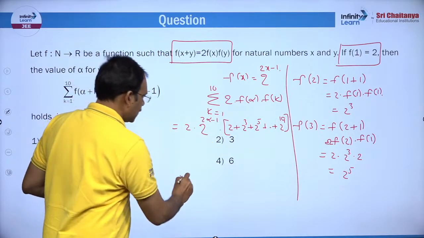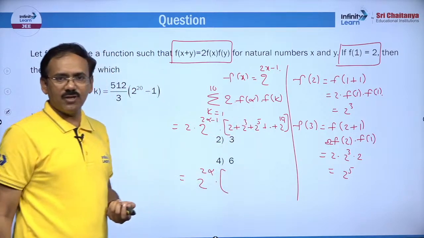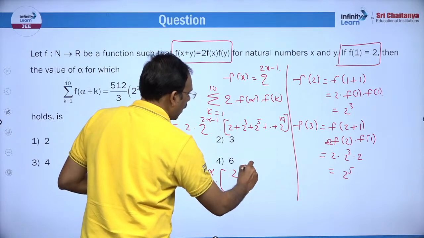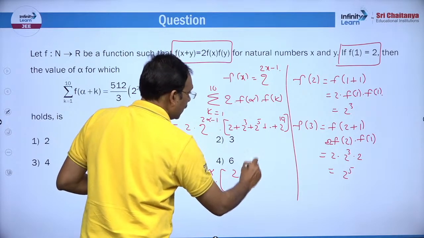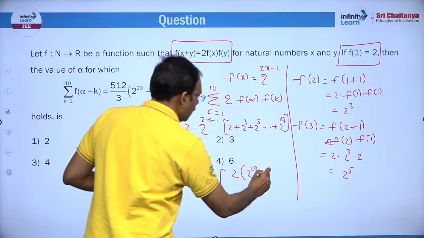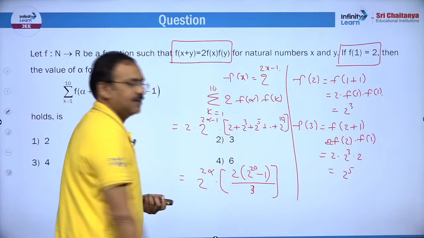So friend, this is going to be 2 power 2 alpha into, which is a GP with first term 2 and common ratio 2 square, a into r to the power of how many terms? 10 terms, that is 2 power 20 minus 1 by r minus 1, which is 3, right.